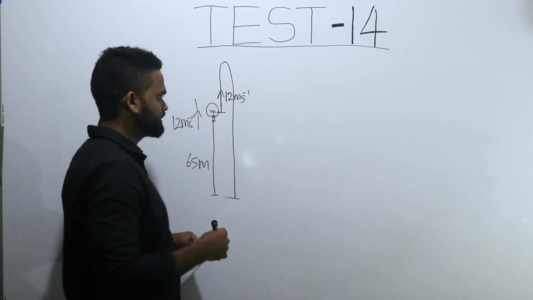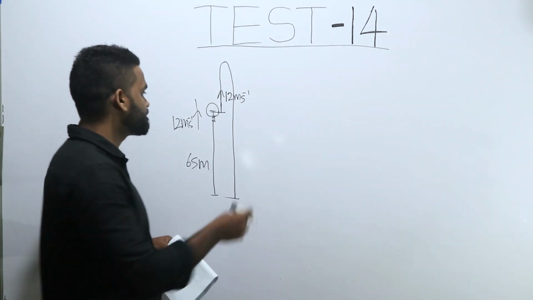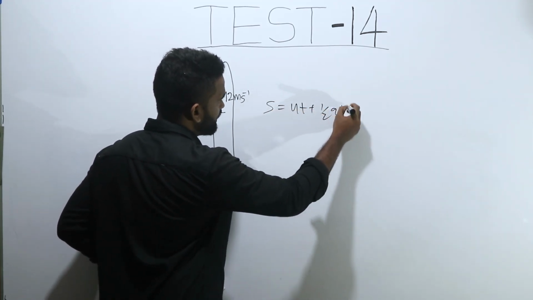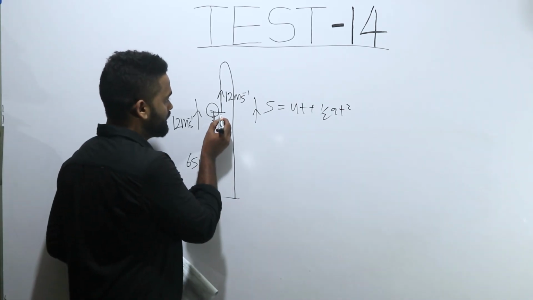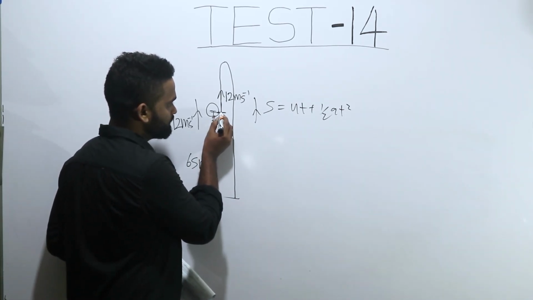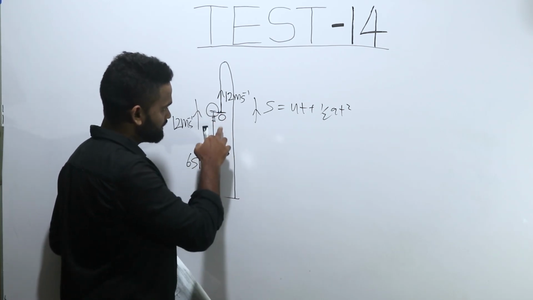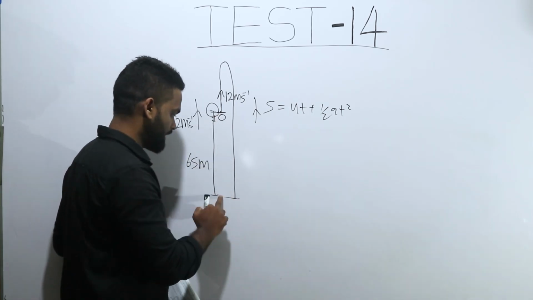Okay, then the most common way to do a question like this is just to apply s equals ut plus half at squared. I'll apply that upwards. This is the origin of the motion of the balloon. So from the origin, when it completes the motion, the displacement is 65.